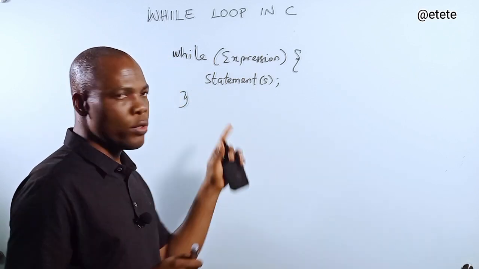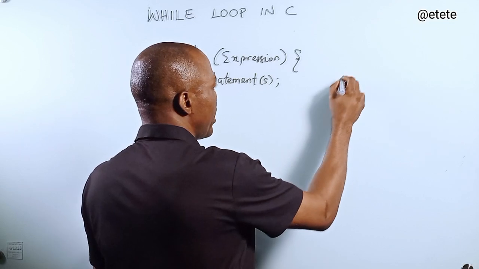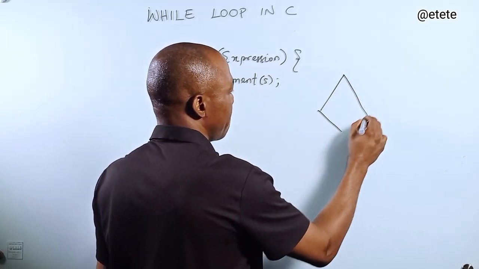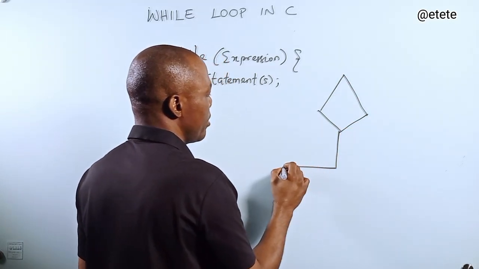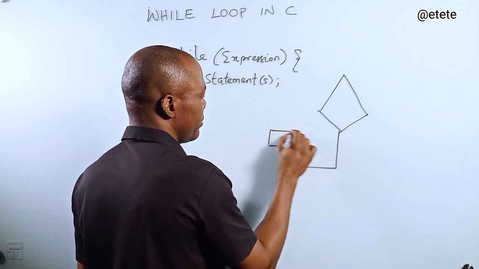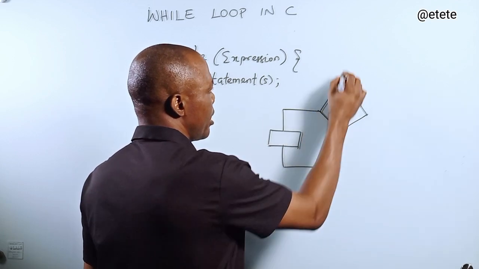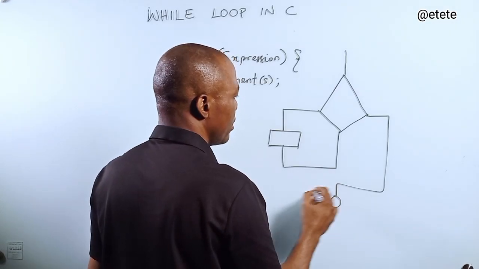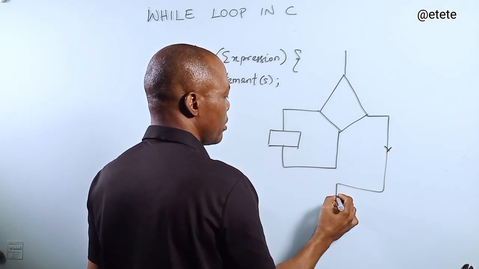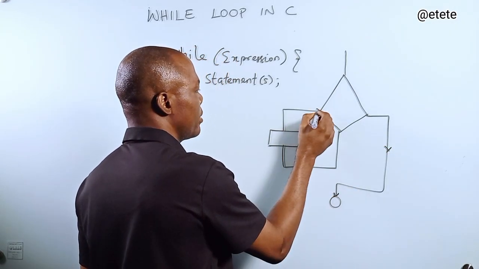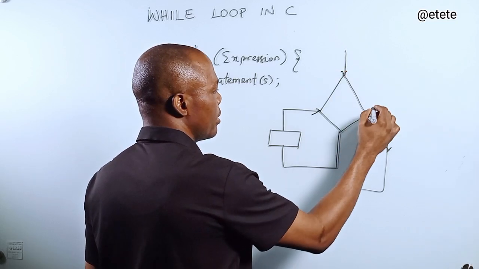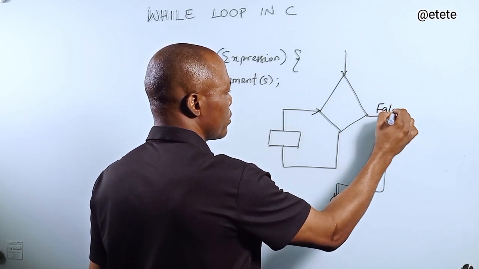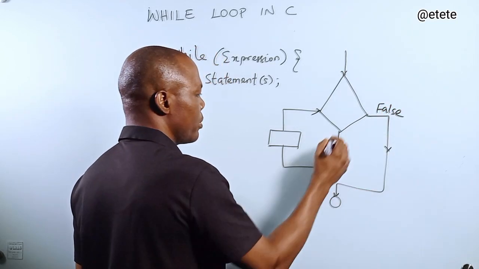So what is the flow chart for this? You have something like this, then you have this. Now, if the condition is false, nothing will happen.